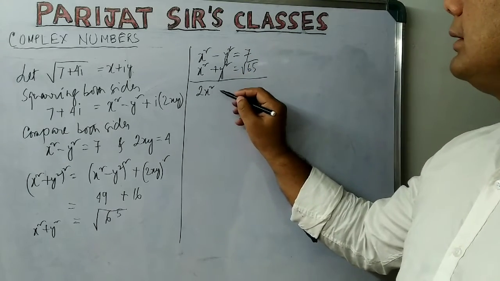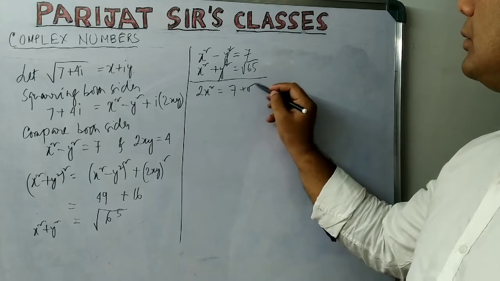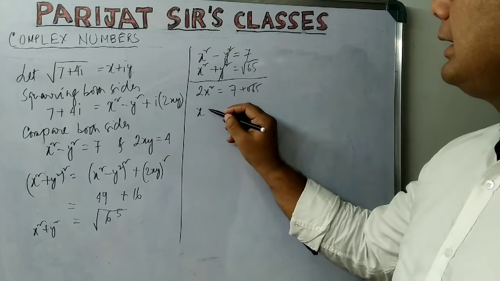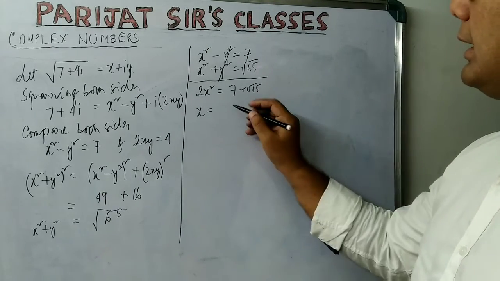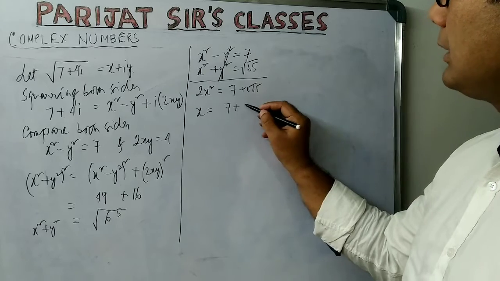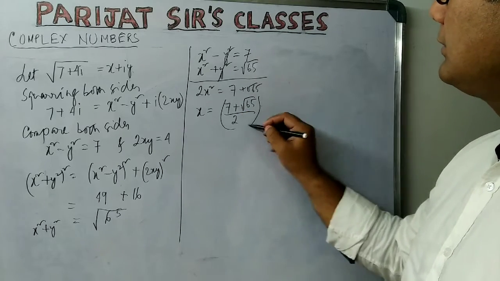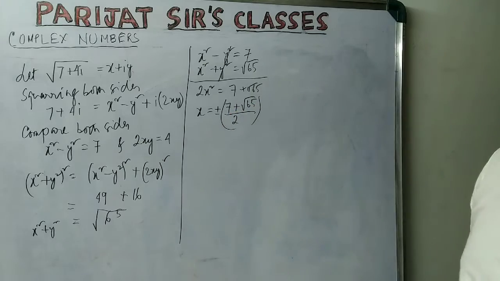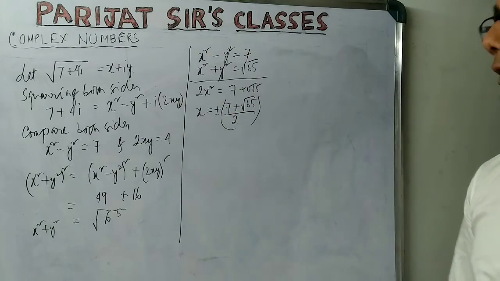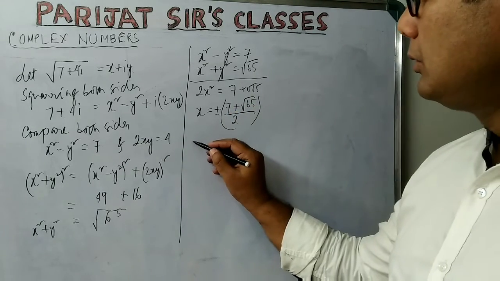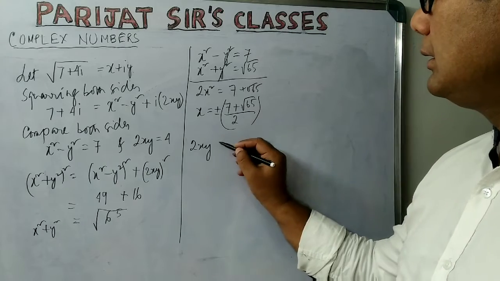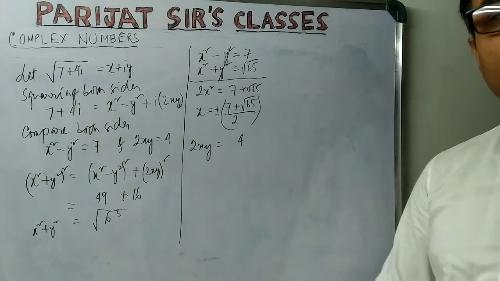So 2x square is equal to 7 plus root 65, and x will be, from here we can get x as 7 plus root 65 by 2, and it's a plus or a minus. Correct? So now what we can do, we know that 2xy is equal to 4.